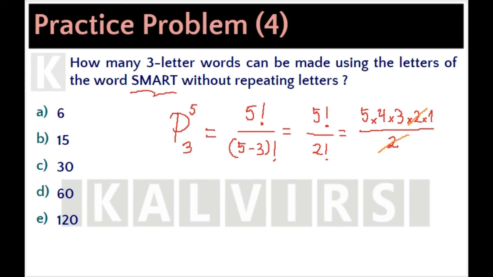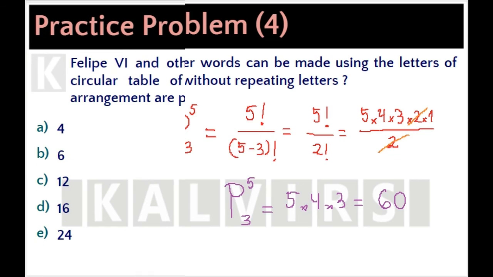We can cancel this one with this one, and finally we get that permutations of 5 objects, choosing just 3 of them, equals 5 times 4 times 3. That is finally 60. Choice D is correct.